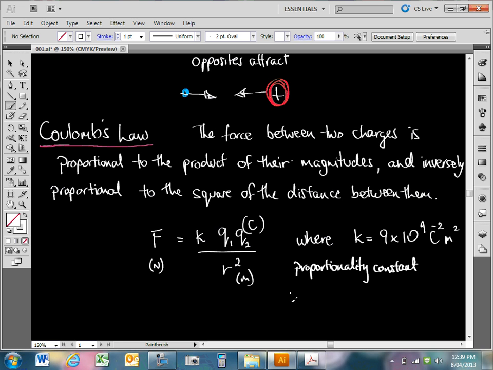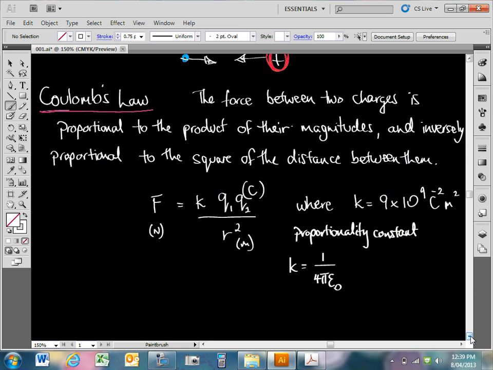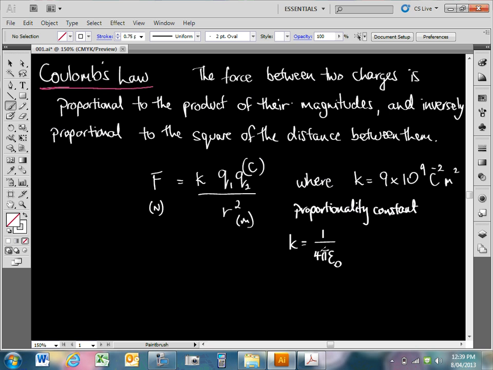And K is equal to 1 on 4 pi epsilon naught. Does anybody know what the epsilon naught is? It has to do with the electric field, of course. Epsilon sub naught, the sub naught denotes a vacuum.